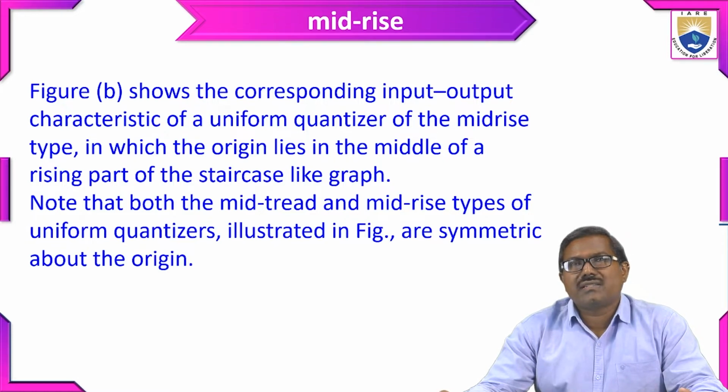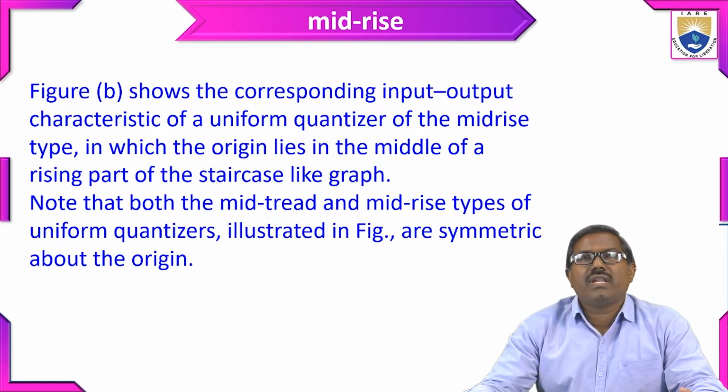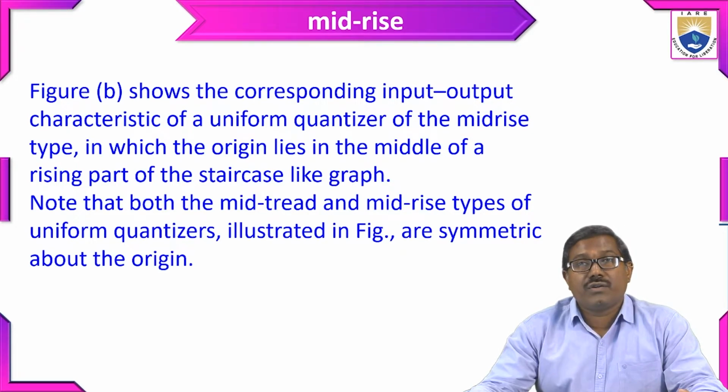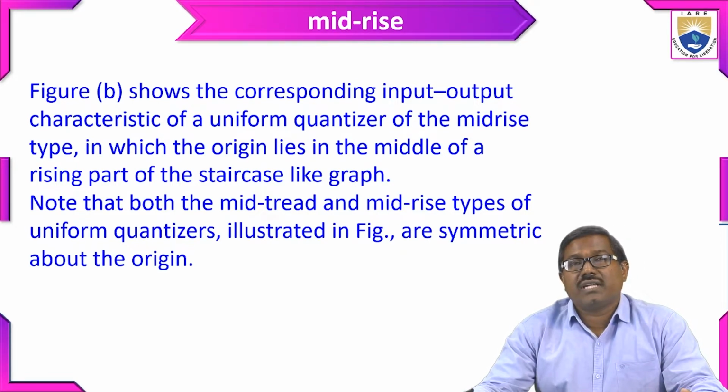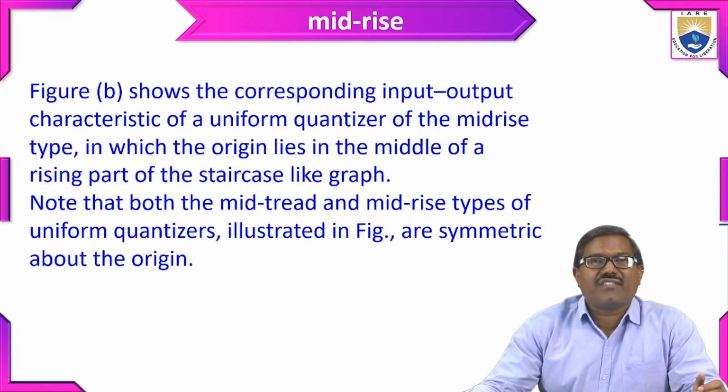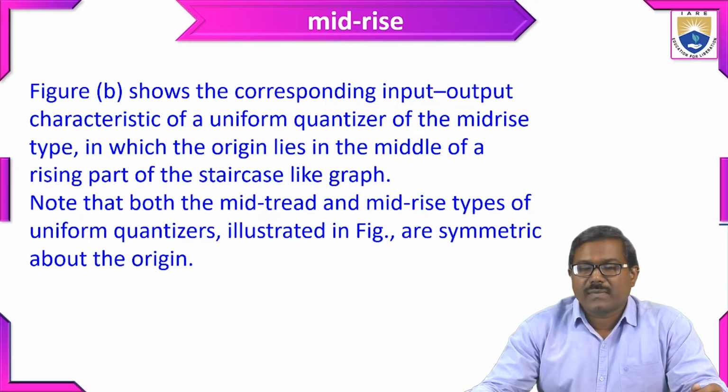Here in the mid-rise, the origin lies in the middle of the rising part of the staircase-like graph. Already we have seen in the second figure, the rising portion is at the origin. So both quantizers are symmetric about the origin.